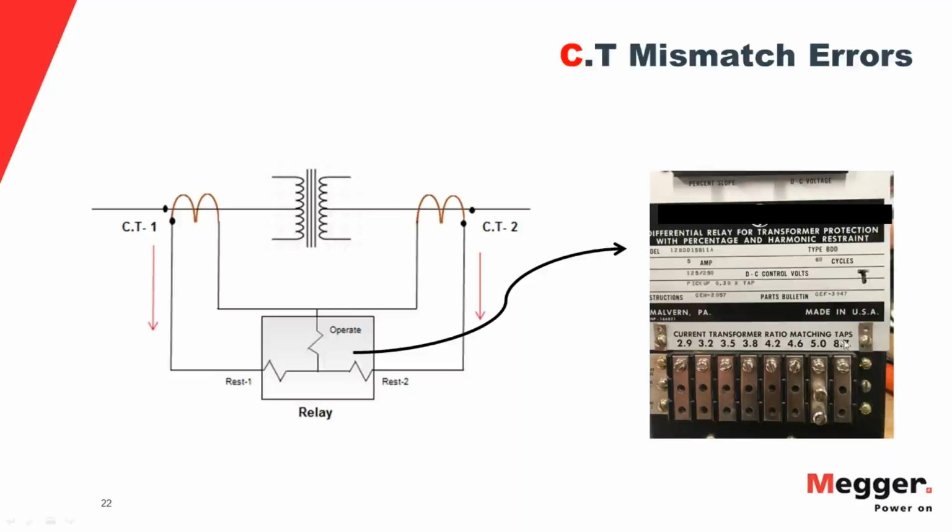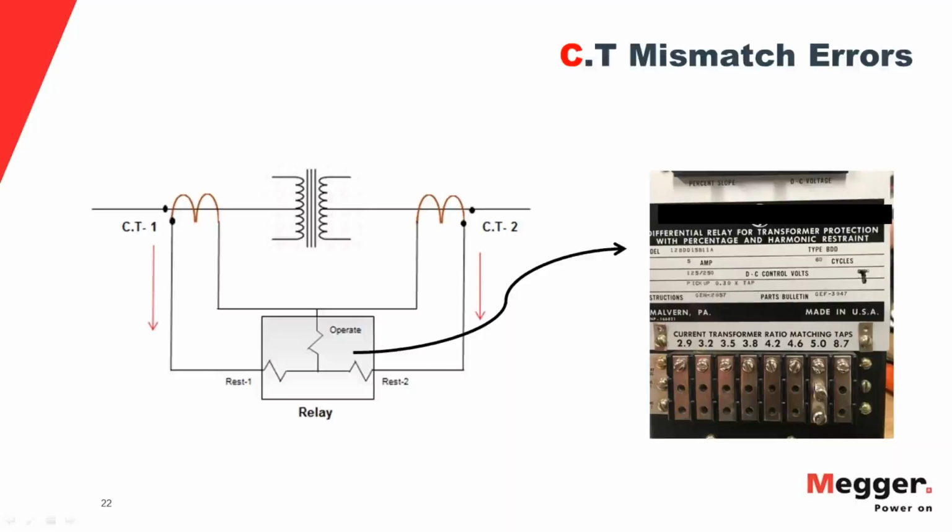In this example, the relay has a pickup of 0.3 times tap, and the taps are 5 for the winding one side and 5 for the winding two side. So 0.3 times 5 would give me 1.5 amps. That is the value of my pickup. Now, what is the problem with this kind of relay?